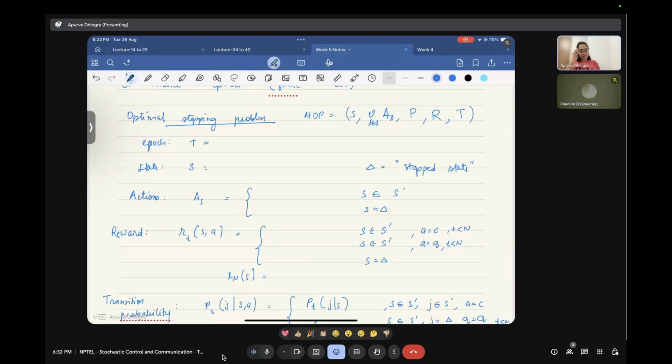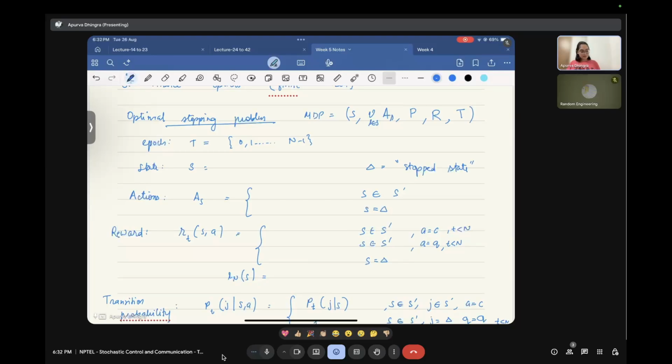So let's say the number of epochs it runs for is n, so it runs till n minus 1, and by then you have to decide whether to sell it before, or it will be by default stopped at some value.